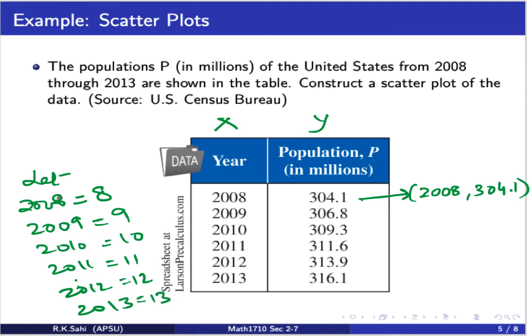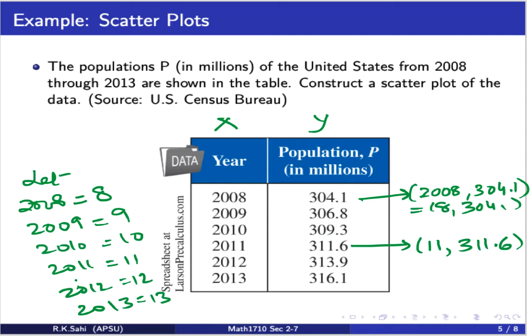So we say let this be equal to this, making life simpler. Now, instead of 2008, we're going to have 8 and 304.1. Similarly, we can write 2011 and the population as the ordered pair 11, 311.6. So that's how we can look at each of these ordered pairs.